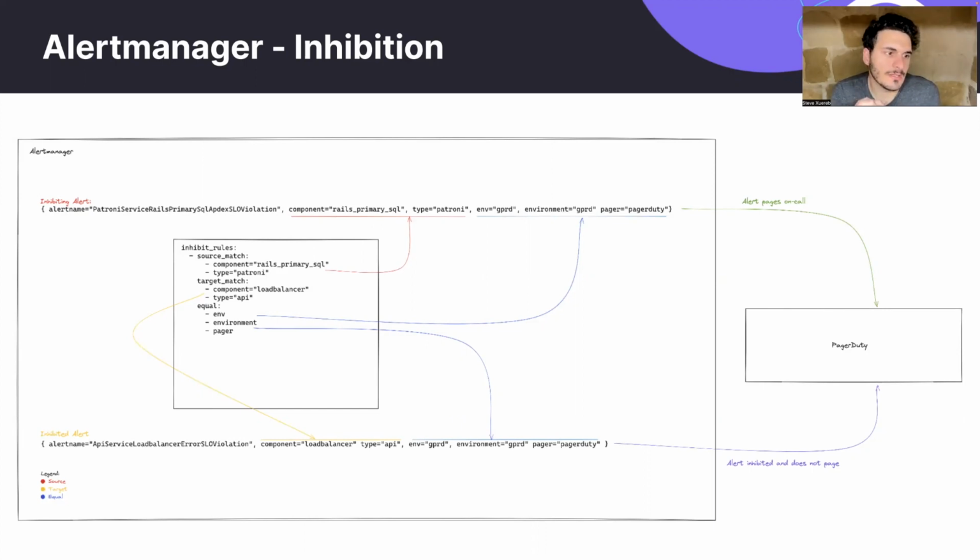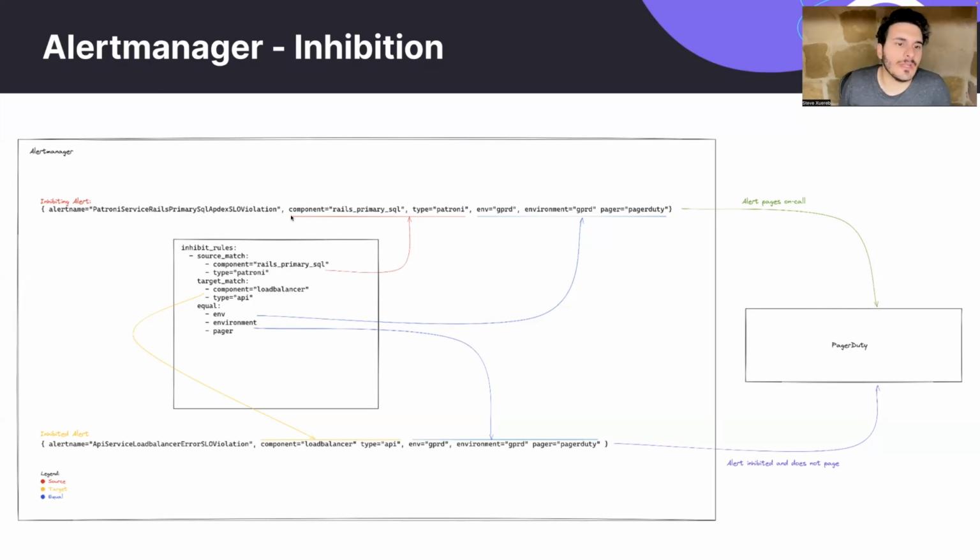So we can see the alert at the top is of component Rails primary SQL and type Patroni, and the one at the bottom is component load balancer type API. And in the middle, we can see our Alertmanager configuration, where we're saying the source match. So we're matching via labels using component Rails primary type Patroni and the target match load balancer API.